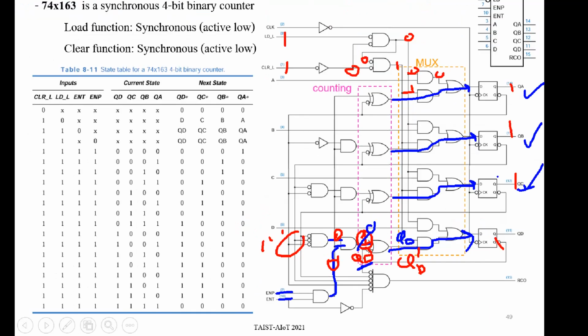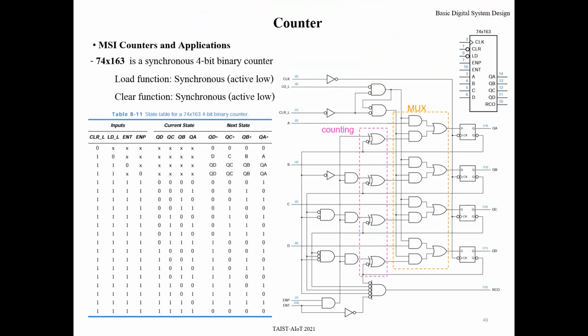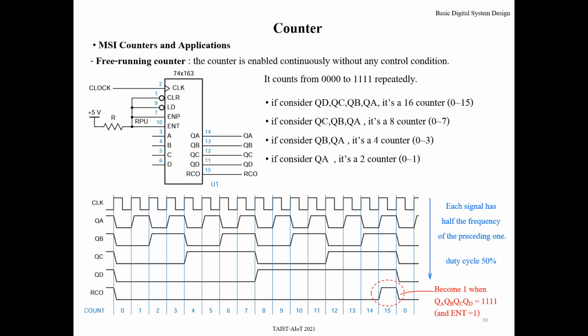So that is the detail about the mechanism of this counter. How to use this one? For example, the easiest one is the free running counter, running without any condition. That means it can count from 0 0 0 0 until 1 1 1 1 and repeat 0 0 0 0 again.